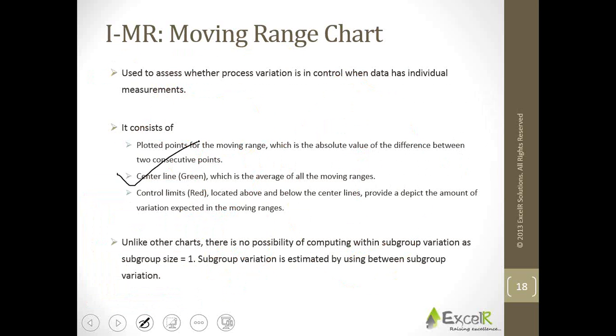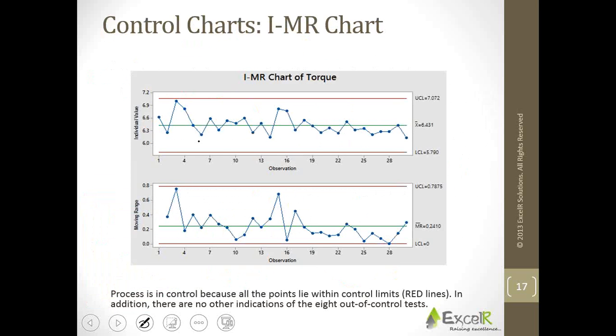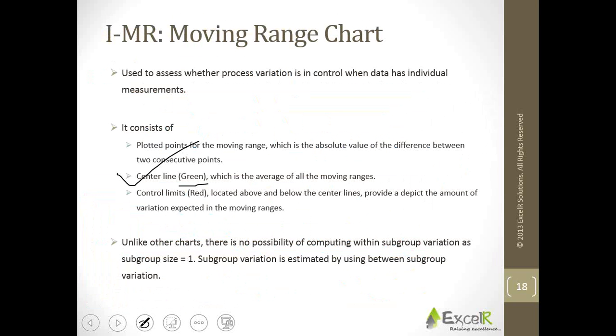Center line green is the average of all the moving ranges. This green line is the center line, which is the average of all moving ranges.